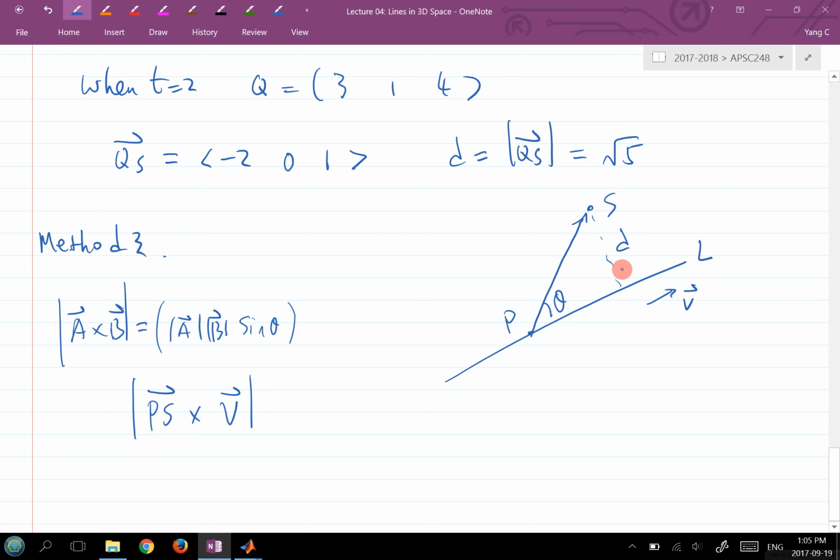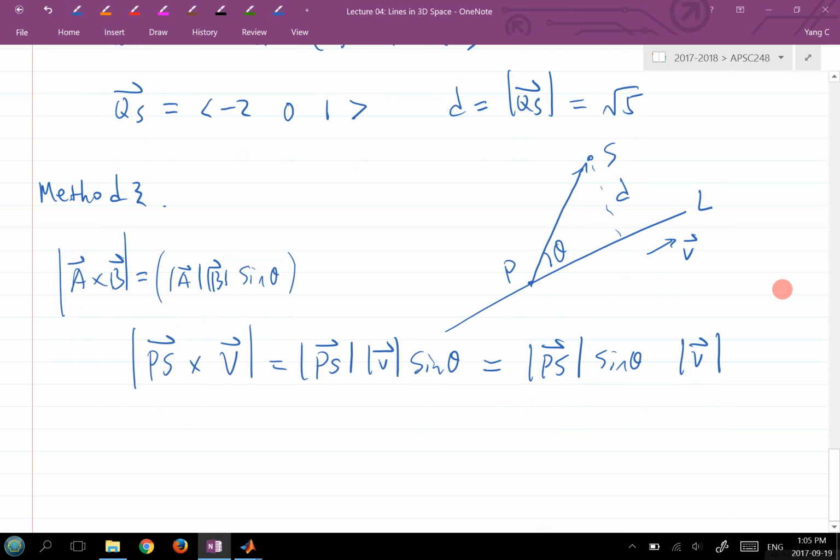What's even better, you don't have to find theta. Look at the formula here. PS cross V equals what? PS times V times sine theta, right? I'll rearrange this slightly, moving the sine theta a little bit forward.